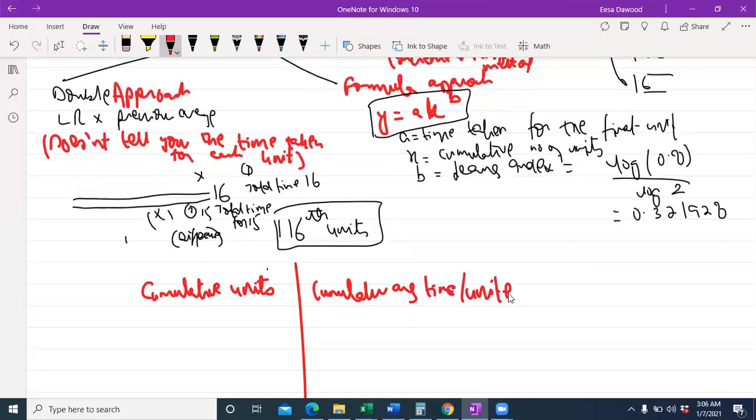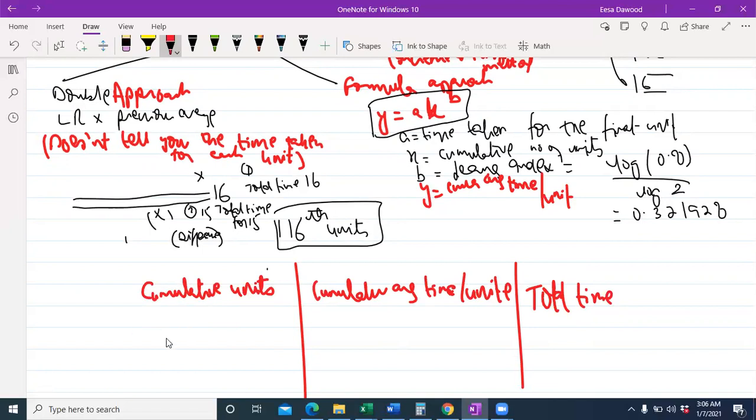But here, you won't do it like you were doing earlier, learning rate times previous average. Not with the help of that; you'll calculate the cumulative average time with the help of the formula, where Y here is cumulative average time per unit. I'll be using the formula. The rest is going to be the same. Then will come the total time and all that.